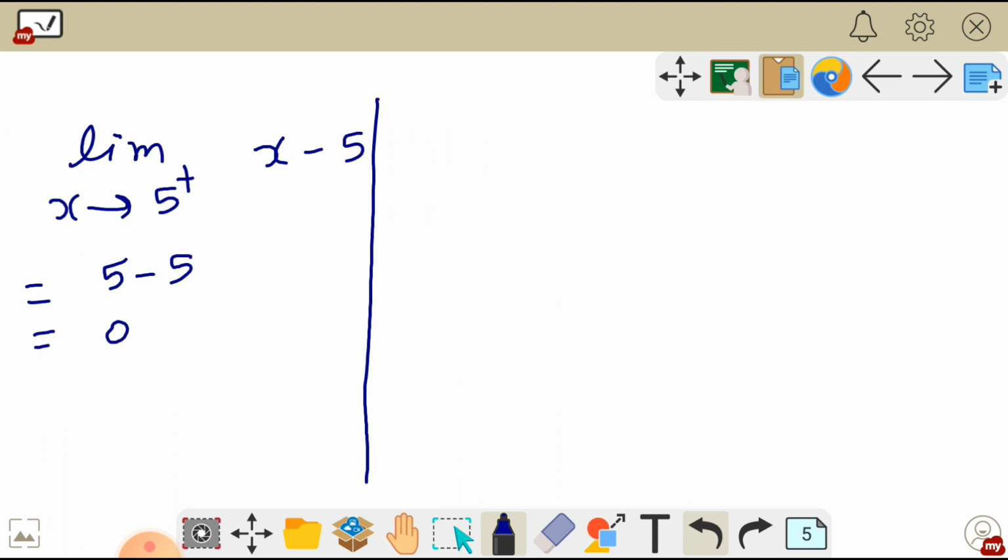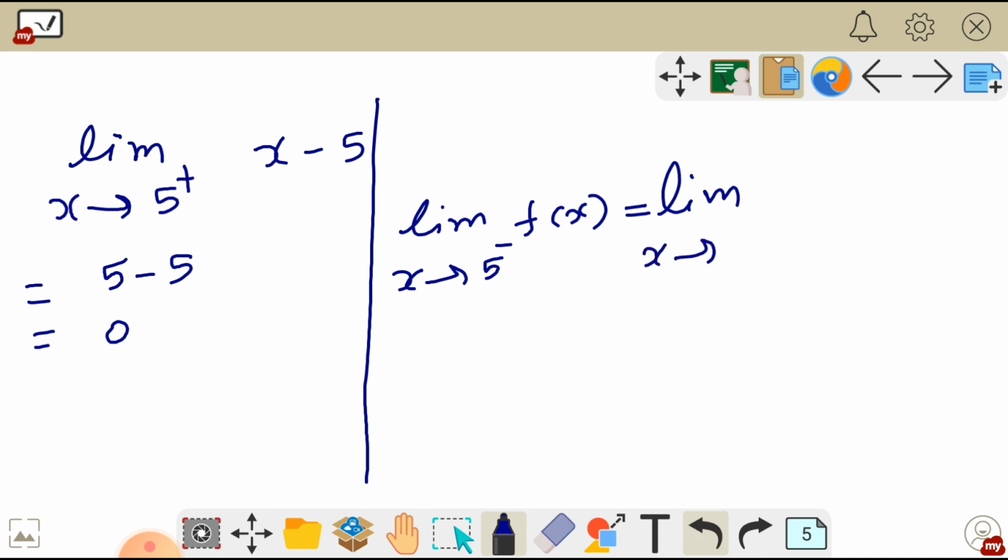So here we can say that limit x tends to 5 minus f of x is equal to limit x tends to 5 plus f of x is equal to f of 5. That's why the function is continuous at x equal to 5.